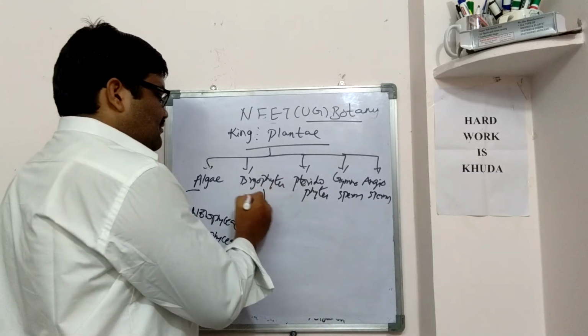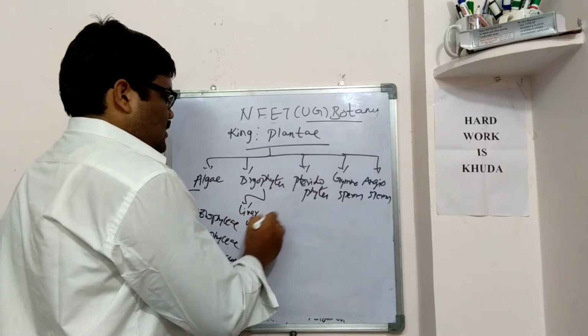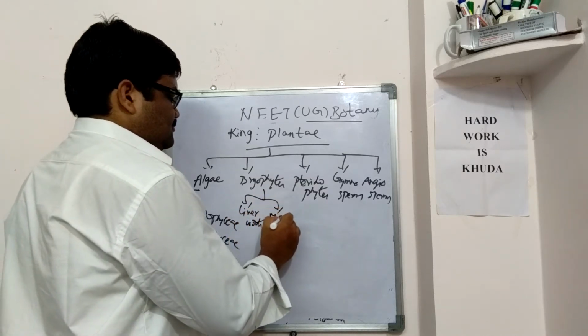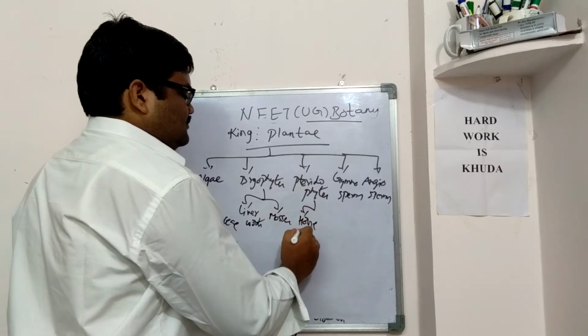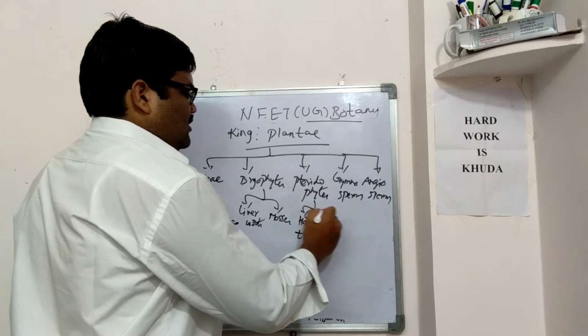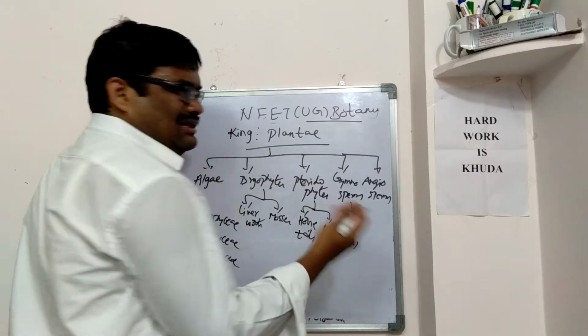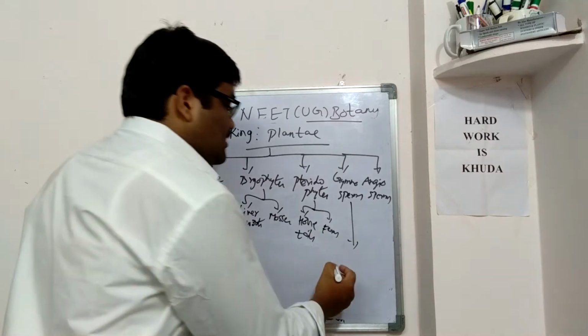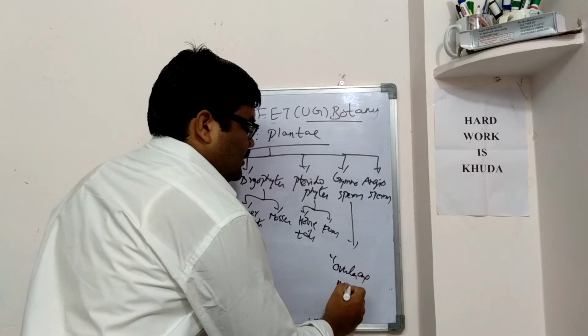Bryophytes include liverworts and mosses. Pteridophytes include horsetails and ferns. Gymnosperms are those where the ovules are naked. The significant character is that ovules are naked.